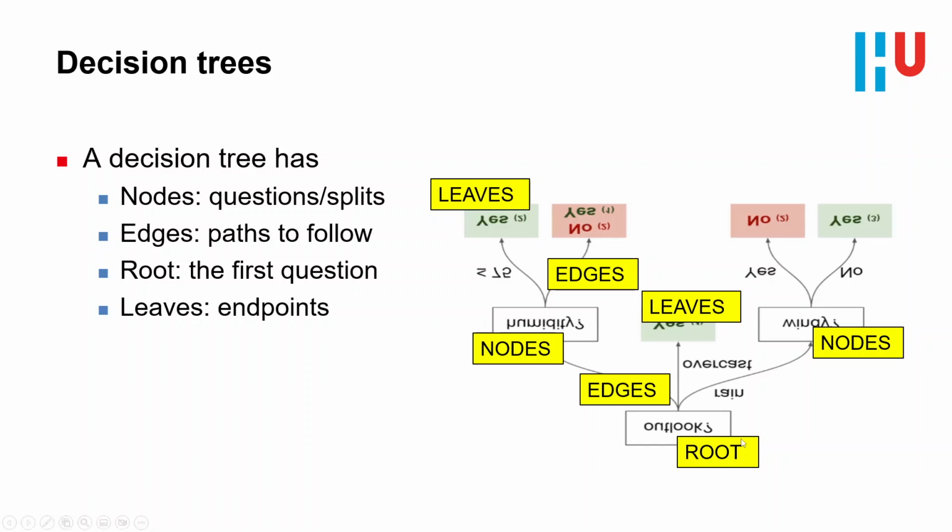This is a decision tree, so the root is where the tree starts. That was the first question. Then we've got edges, so paths to follow. We've got nodes, the questions, and we've got endpoints, the leaves, which mimics quite a nice tree.